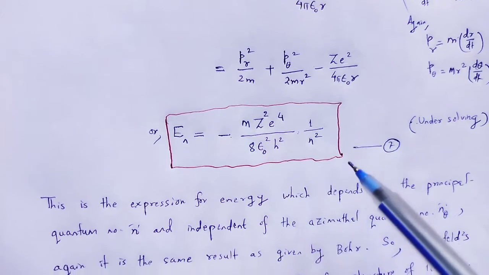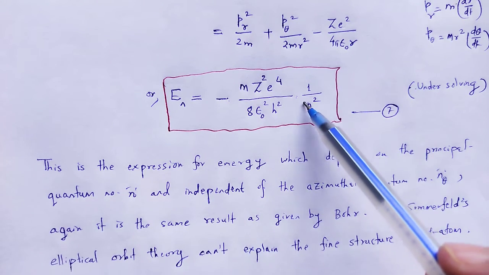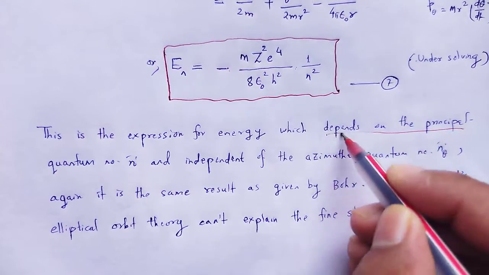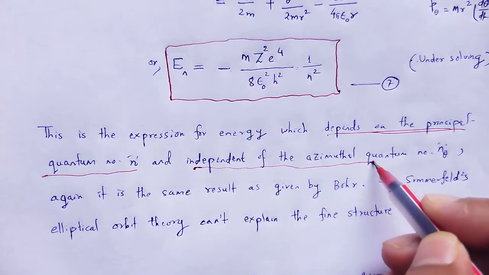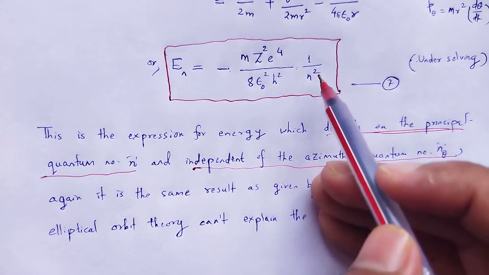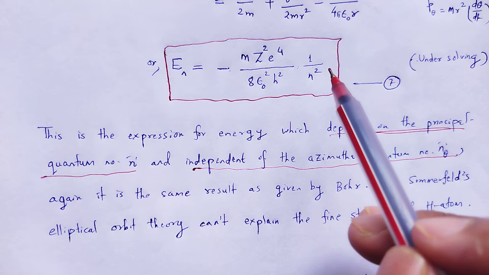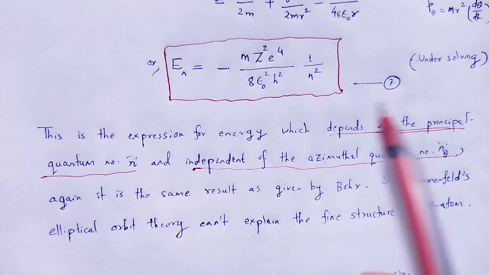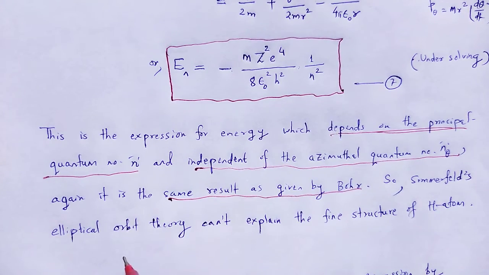Look at the expression of energy. This expression depends upon the principal quantum number n and is independent of the azimuthal quantum number nθ. There is no term relating to the azimuthal quantum number, and that expression is exactly similar to that derived by Bohr. Again it is the same result as given by Bohr.